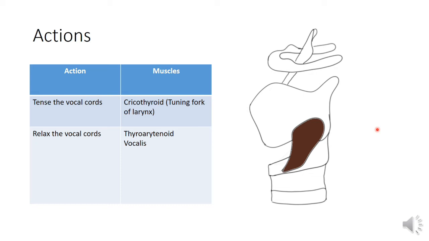So, the tension of the vocal cord is brought about by cricothyroid muscle, and relaxation of the vocal cord is brought about by two muscles, thyroarytenoid and vocalis. This cricothyroid here, when contracting, pulls the thyroid cartilage forwards and downwards.